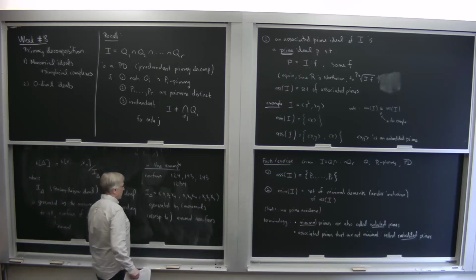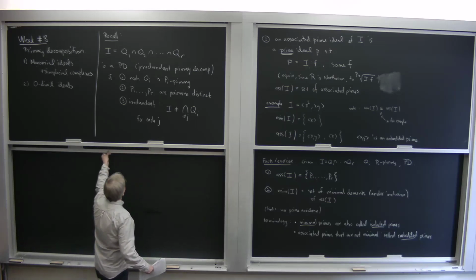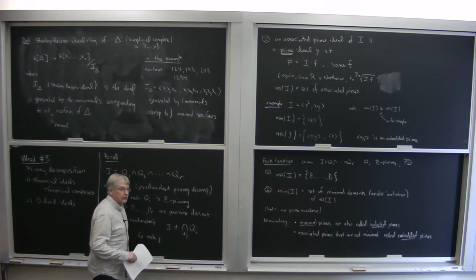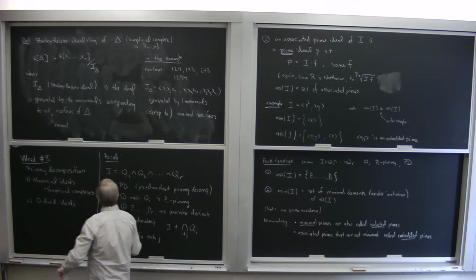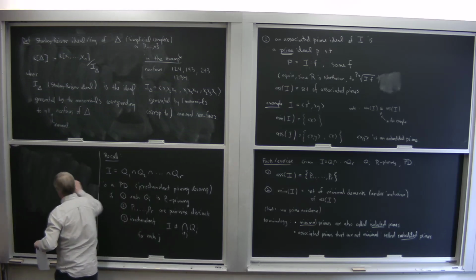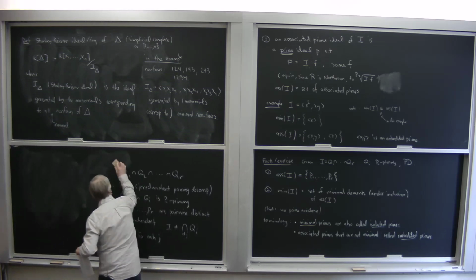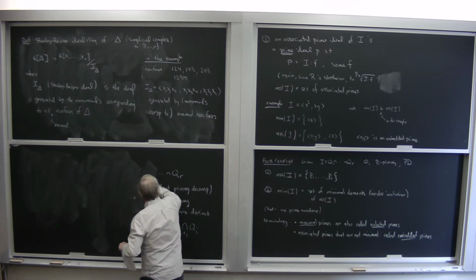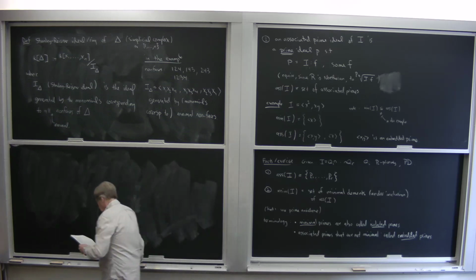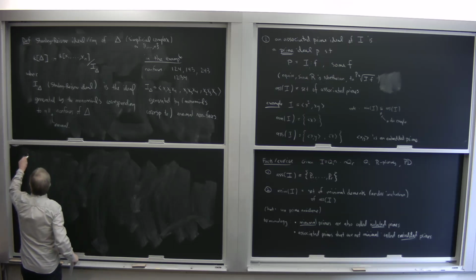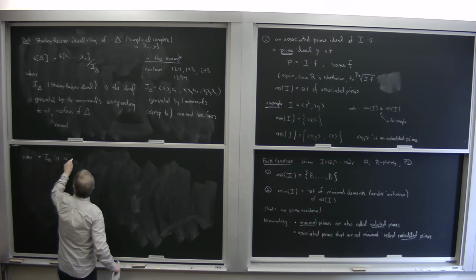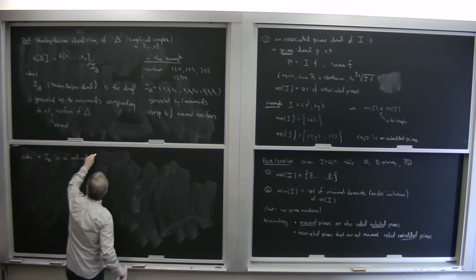So one thing I do want to remark on here. So notice that this is a square-free monomial ideal. So it's a monomial ideal that is radical, and so note one is that I delta is a square-free, is a radical monomial ideal.